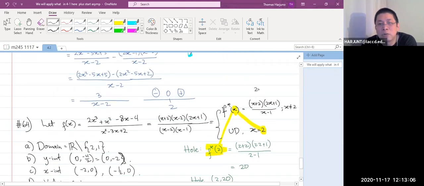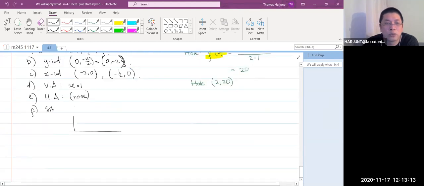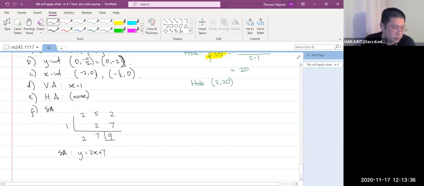This is 2x squared plus 5x plus 2, divided by x minus 1. So this is 1. So the slant asymptote is given by y equals 2x plus 7.